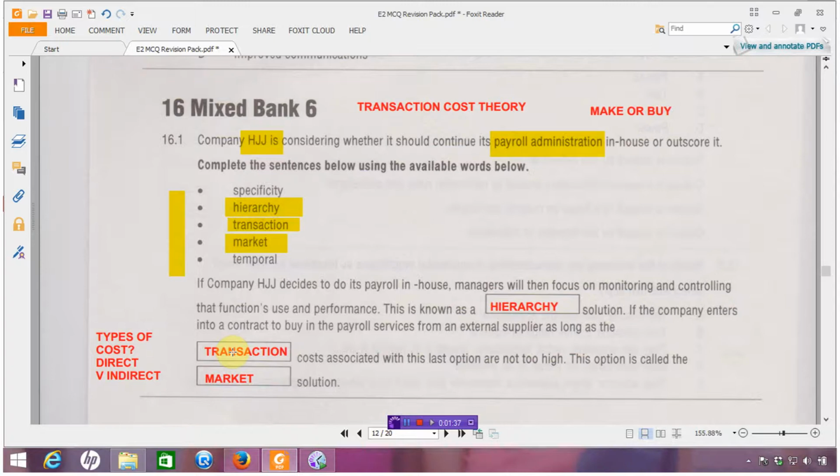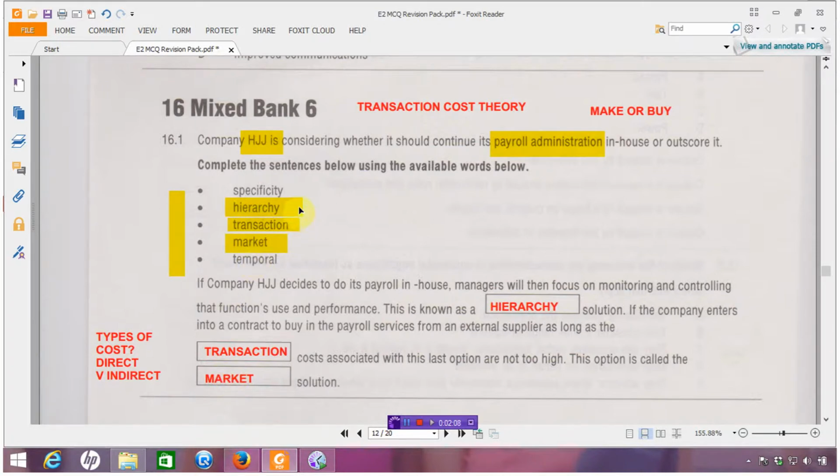Well, a variety of different costs that you should be familiar with, not least the initial contract costs, legal costs and monitoring and controlling costs, obviously, and indeed possible penalty costs if anything goes wrong with the arrangement, or if it's not performed to the specified standard. So that second one there is transaction, and the missing blank here is that second option under TCT, which is clearly the market solution.